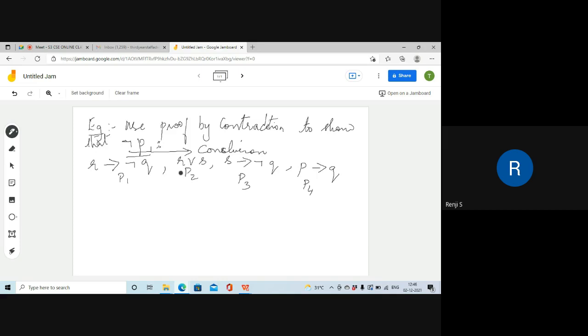Hello. Anurag. No? Why? What is the reason? You cannot apply the rule CP. Why? Give reason. Conclusion is of the form R implies S. Why can't you apply rule CP here?